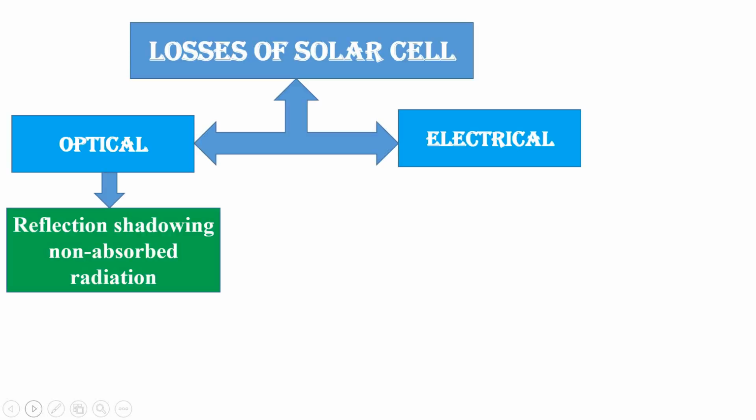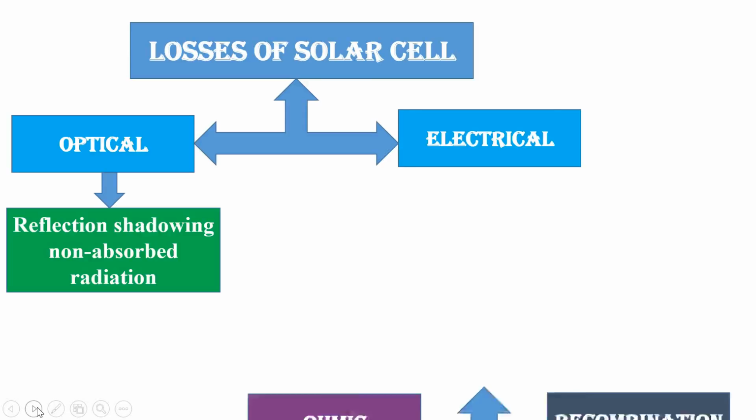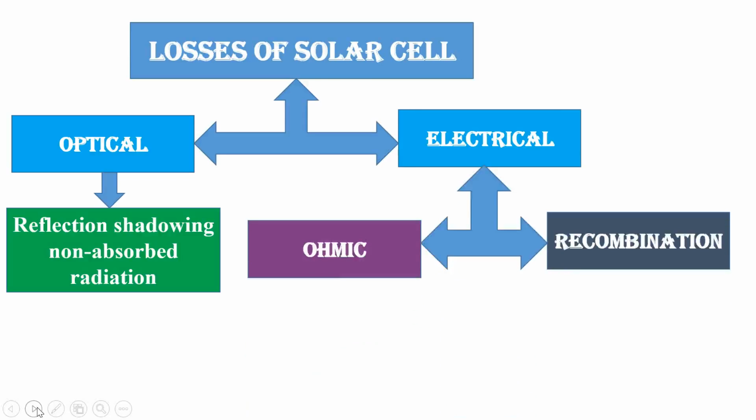These are the optical losses of solar radiation. The electrical losses are of two types: ohmic and recombination.